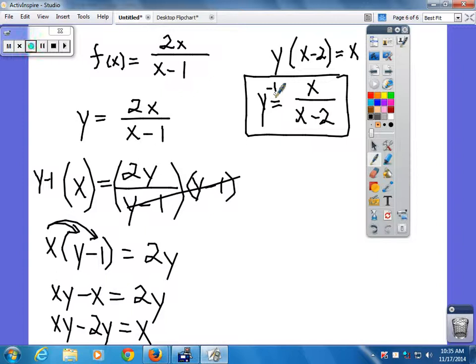Now, go ahead and check both of them. F composed of G, G composed of F, to see if they're one-to-one. Negative one.